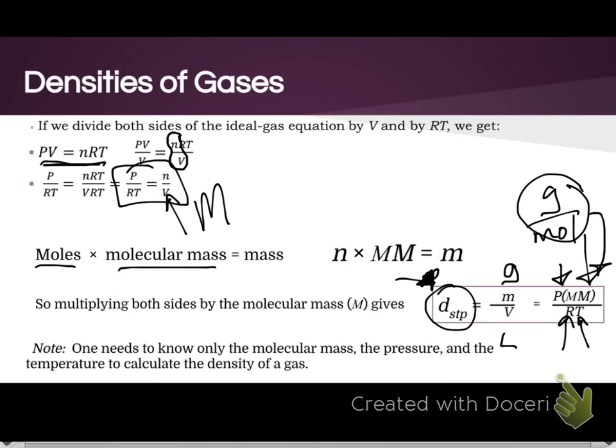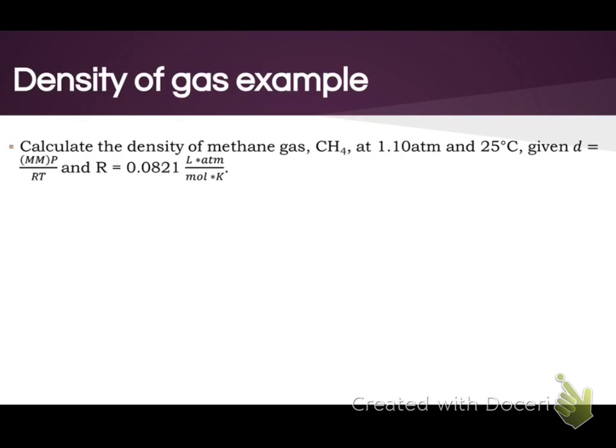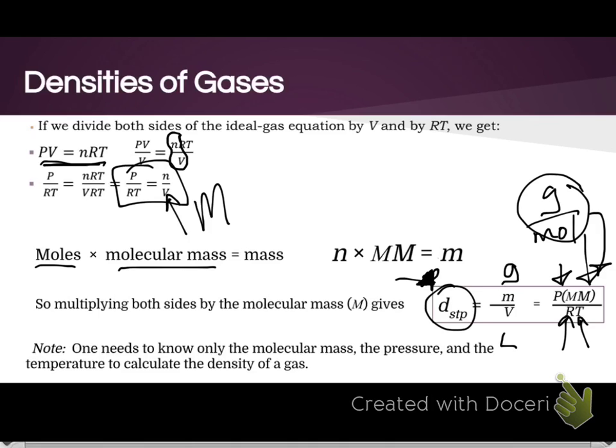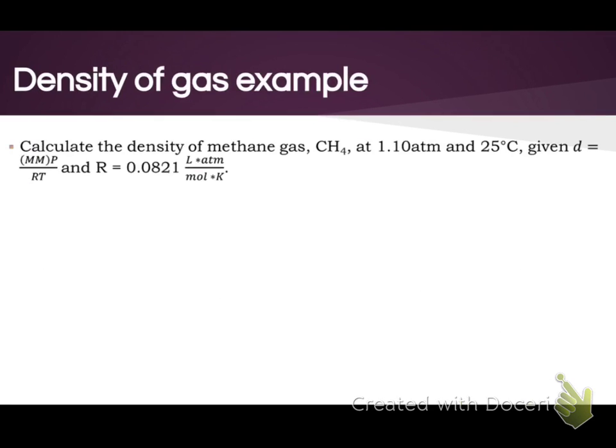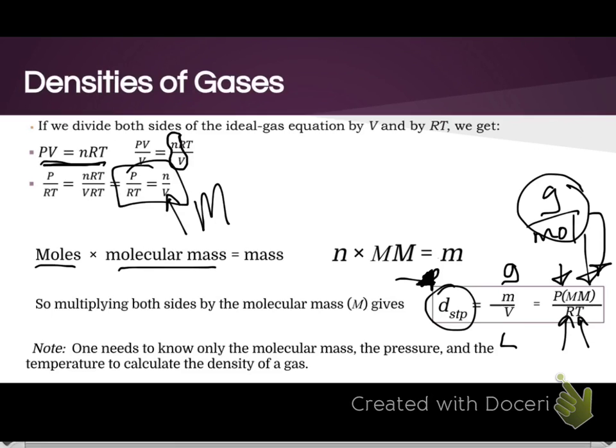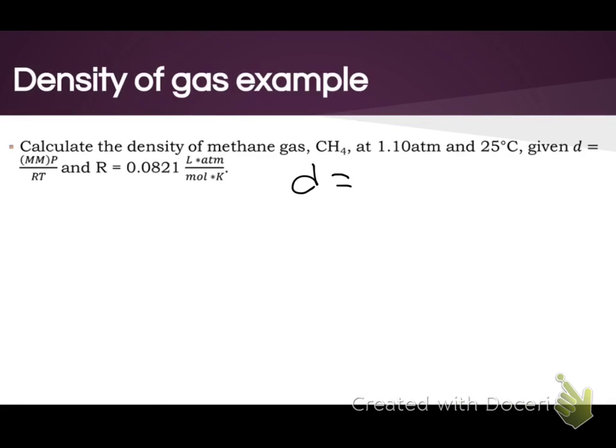So this is a relatively easy way to figure out what the behavior of the gas you have is going to be. So we're going to use the same equation. So density equals the pressure times the molar mass divided by RT.